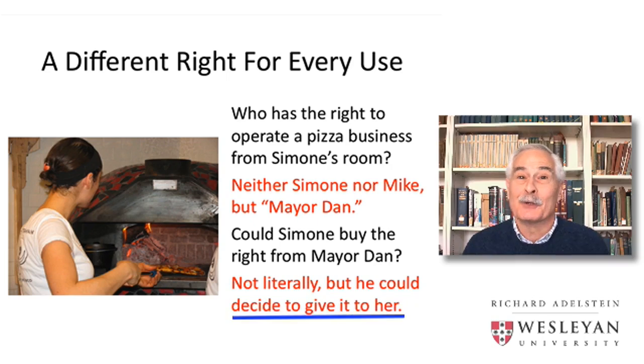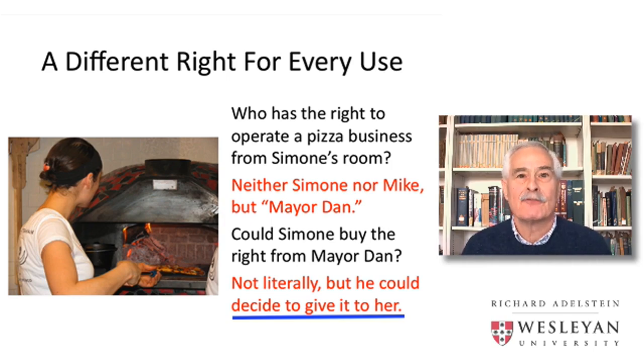Well, not literally. If she actually did try to pay money to Mayor Dan or the Planning and Zoning Commission, she and they would have committed a crime, the crime of bribery. But it certainly is within the discretion of the Planning and Zoning Commission to allow people, Simone or someone else, to run a pizza business in Simone's room. So the Planning and Zoning Commission, Mayor Dan, has the right to use the property right negatively.